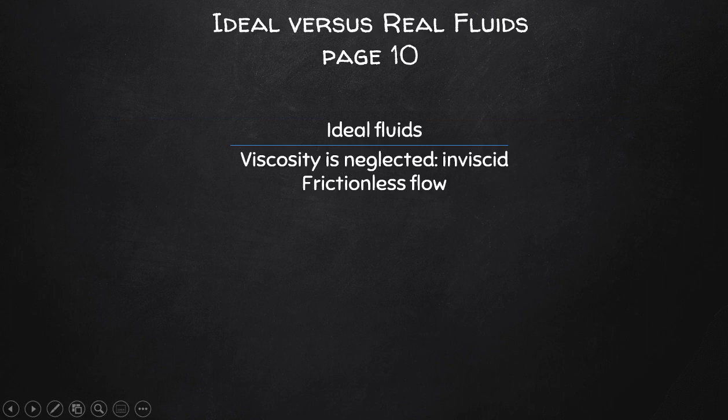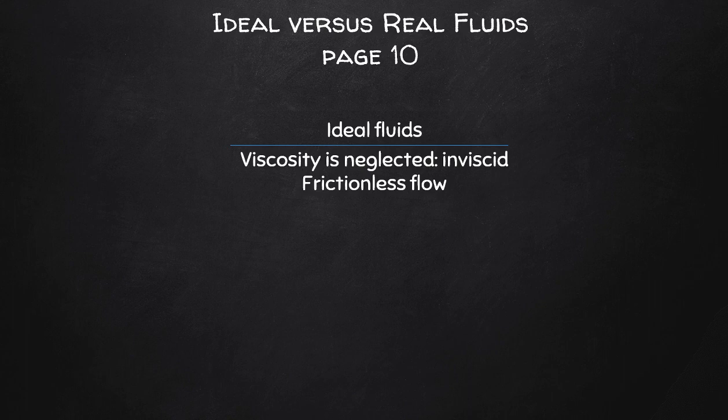We should be aware of certain simplifications that sometimes, but not usually, are made when considering real fluids. Usually when working with ideal fluids, we neglect the effects of viscosity and assume frictional losses to be minimal.